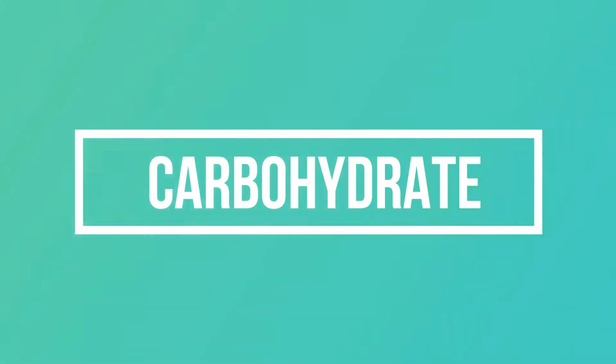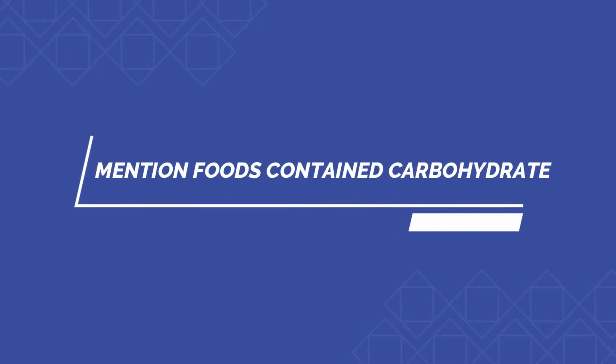Now we're going to discuss the first macromolecule, which is carbohydrate. Before we learn more about carbohydrates, can we mention the foods that contain carbohydrates? Okay, good job. The foods that contain carbohydrates are rice, potato, what else?